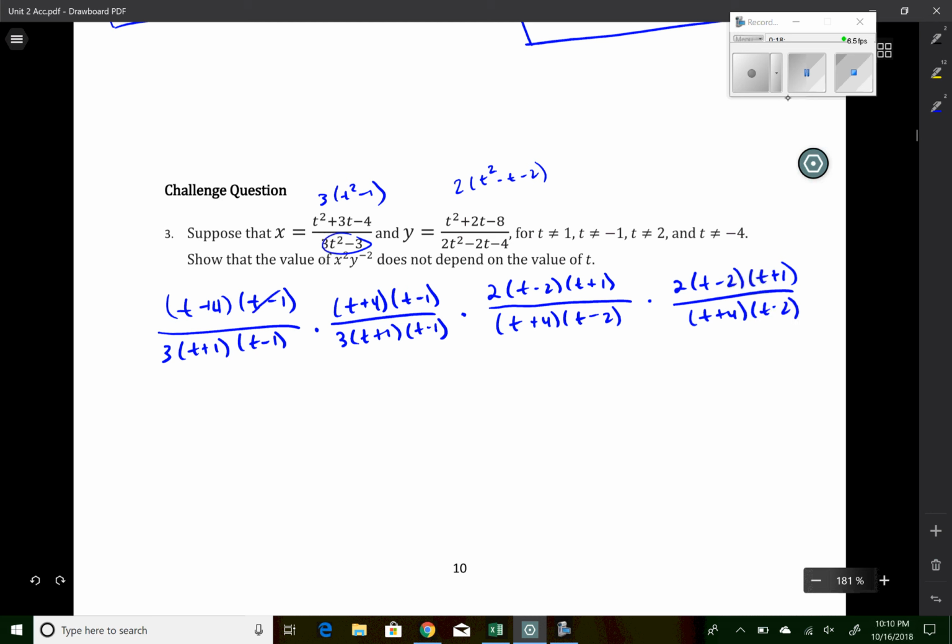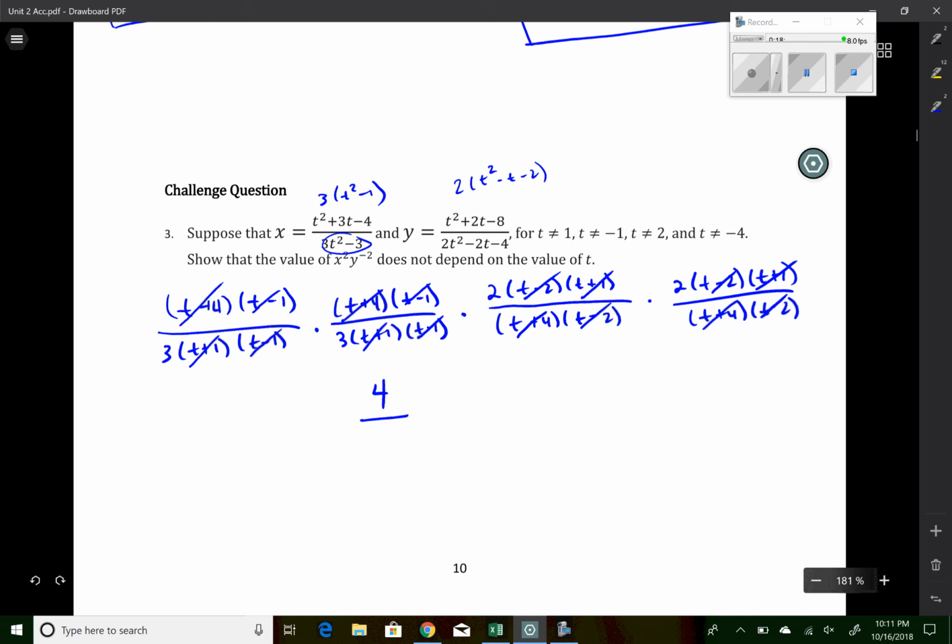t minus 1s, t minus 1s, t minus 2s, t minus 2s, t plus 4 with a t plus 4, t plus 4 with a t plus 4, t plus 1 with a t plus 1, t plus 1 with a t plus 1. Notice nothing is left here in the numerator except for 4.